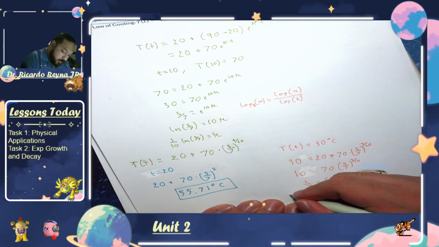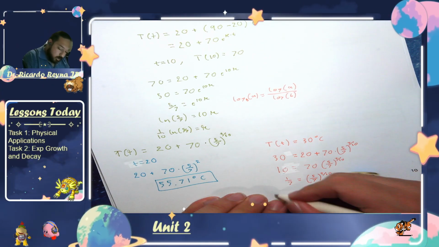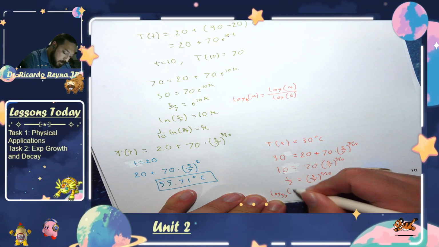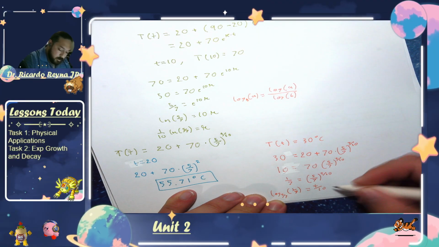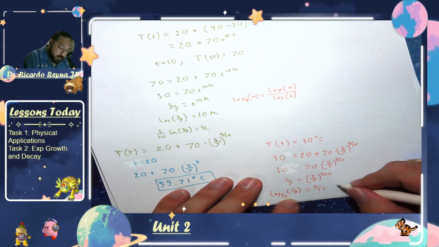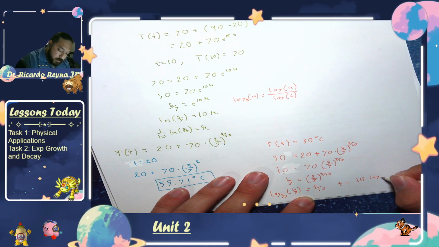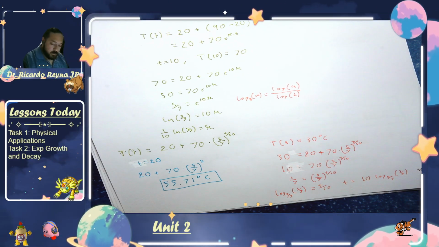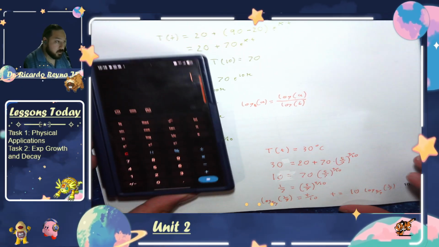So let's go ahead and do that. I'll do log base 5 over 7 of 1 over 7 is equal to t over 10, and then I'll just multiply that by 10. So 10 times log base 5 over 7 of 1 over 7. I'm going to type that into my calculator, and I'm going to do this live with you guys.